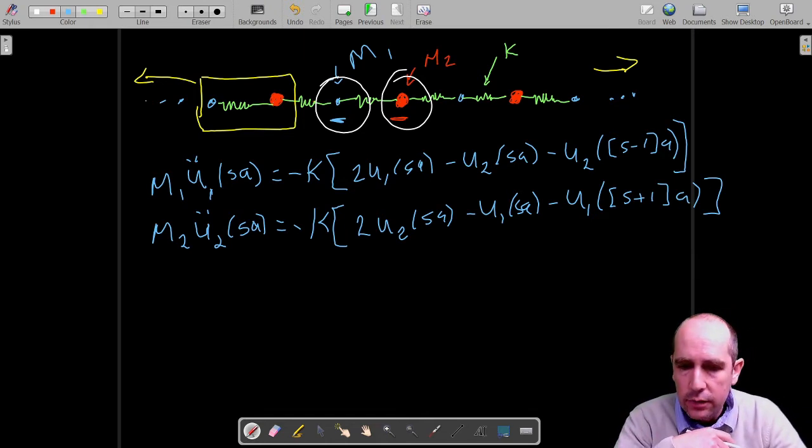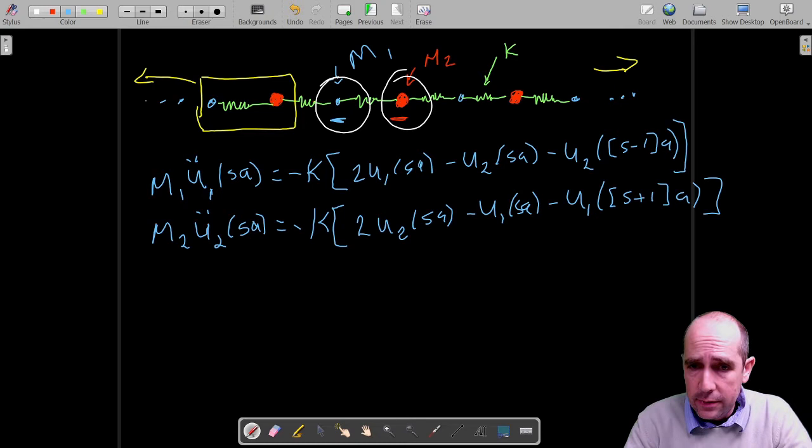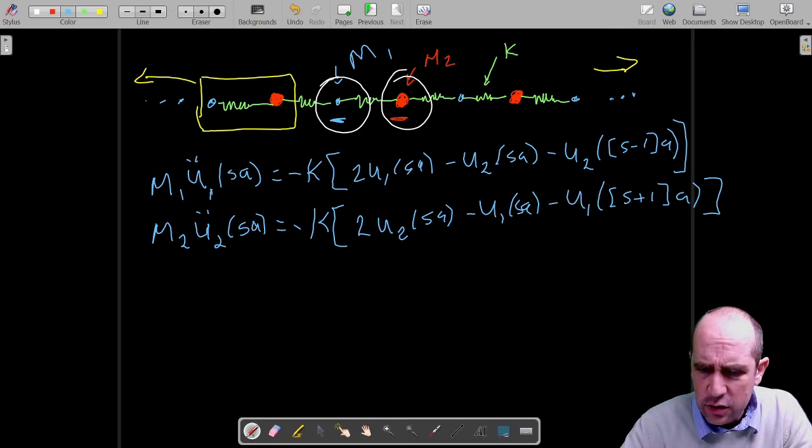And just to try to solve this quickly, we can assume that the waves that will model the motion of these atoms are just plane waves.